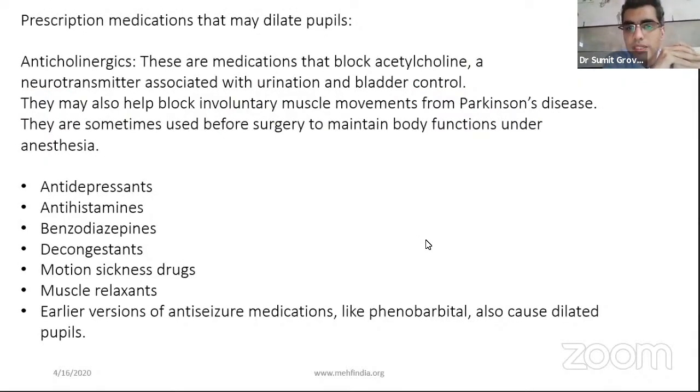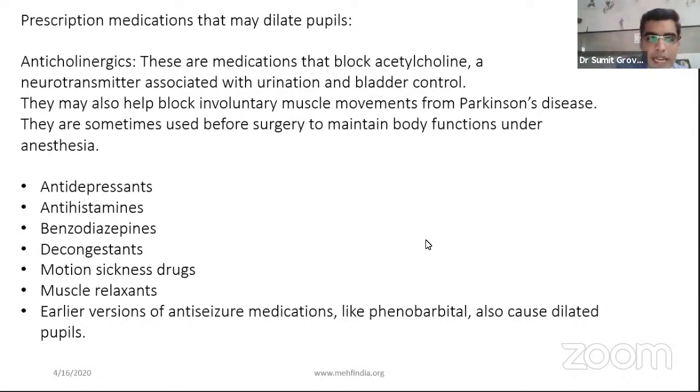These are medications, basically, which are anticholinergic. Acetylcholine is a neurotransmitter associated with parasympathetic control, and these are used in some medications for Parkinson disease, and before surgery to maintain the body's function under anesthesia.